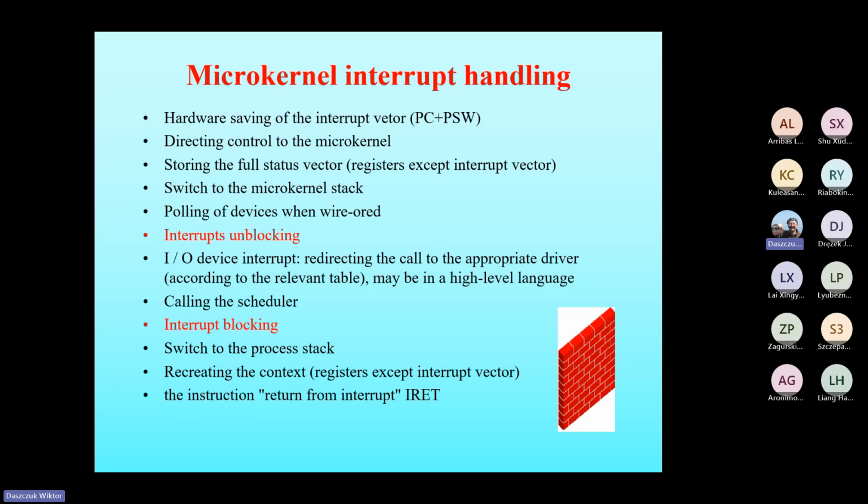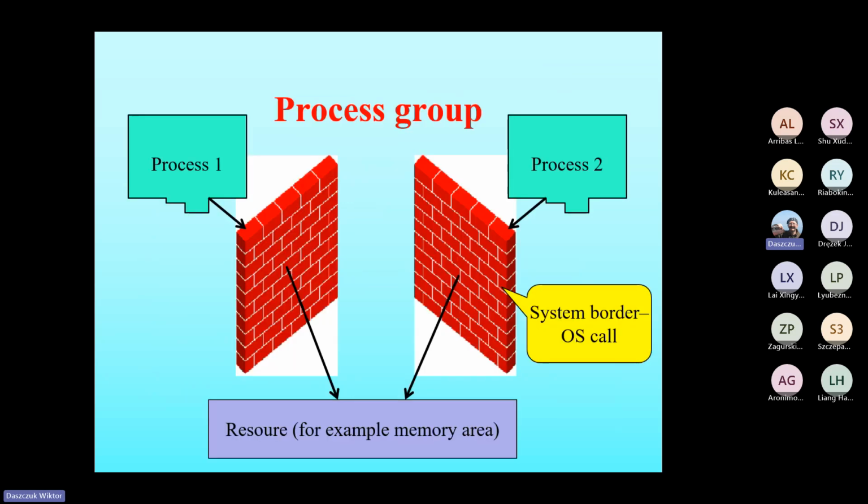So we have a barrier between the process and the kernel, and crossing this barrier is very expensive. When we have two processes that cooperate, having a common resource like a memory field, both of them should cross this barrier. It is double costly, we can say.